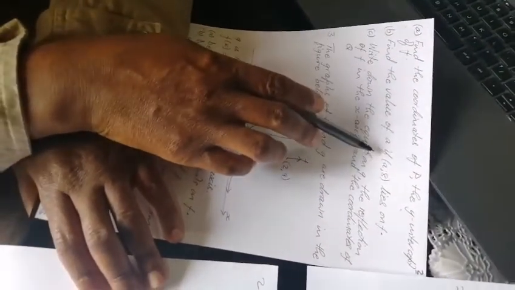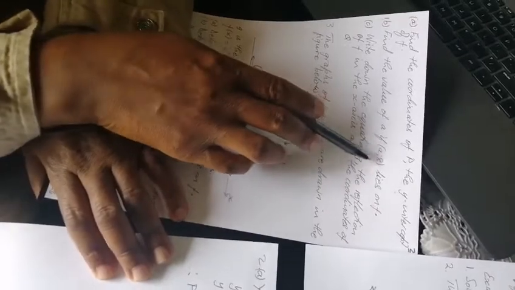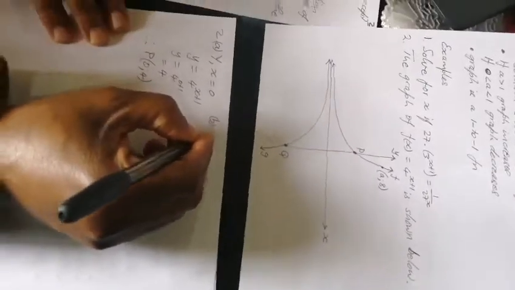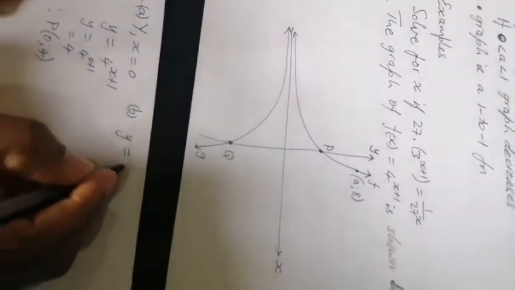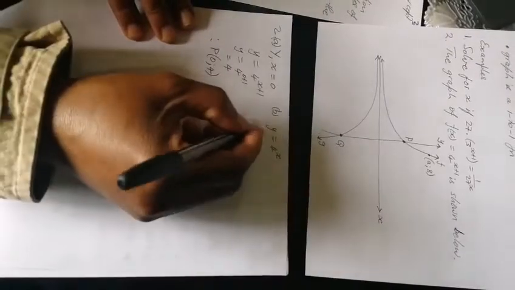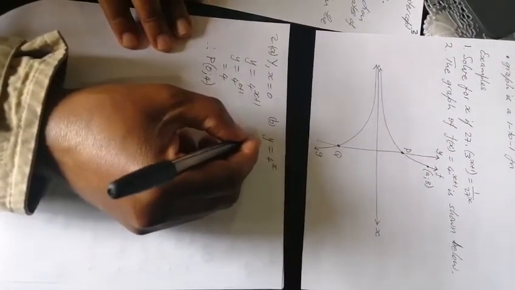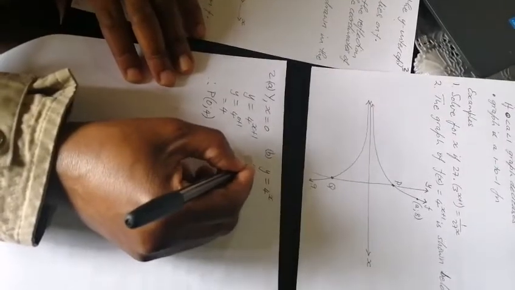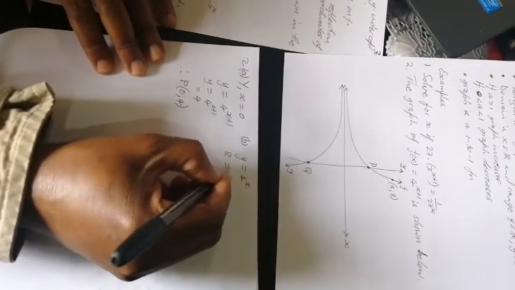Now we are looking at part B. Part B reads, find the value of a if A(a, 8) lies on f. It is important to always remember that if a point lies on a function, then the point satisfies the function. So we are saying our y, which is 8, according to this point, is equal to 4 to the power of a.